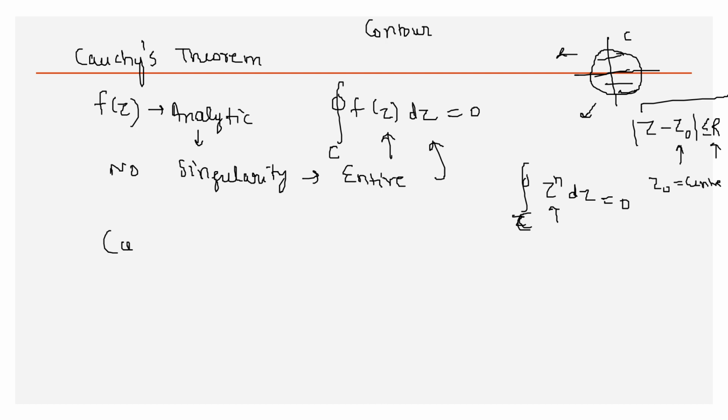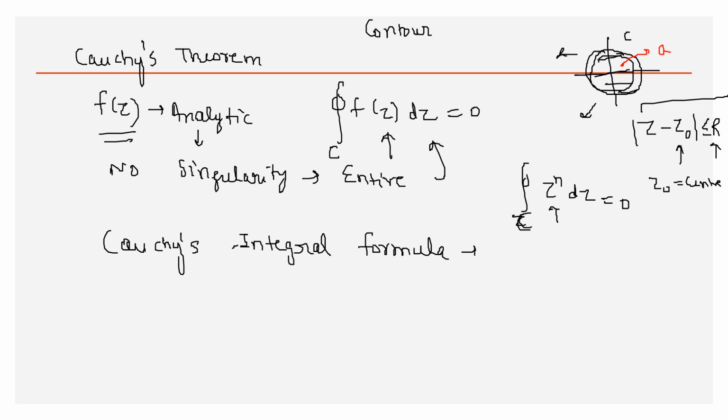Now let's talk about the main thing which the title is about, Cauchy's integral formula. So if we have to calculate, let's say there is a function again, f(z), an analytic function, and it is expanded inside and on the contour of a closed curve C. Okay, now I have assumed that there is a point a, let's say, inside it.